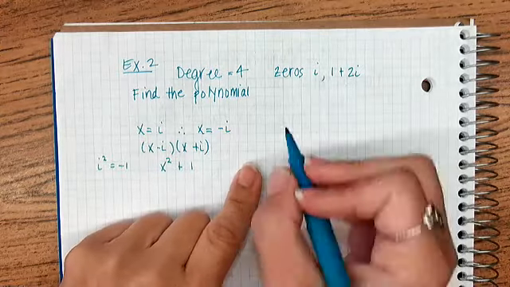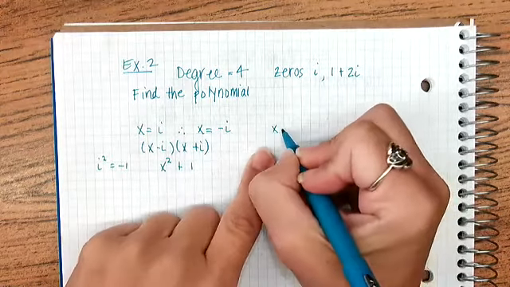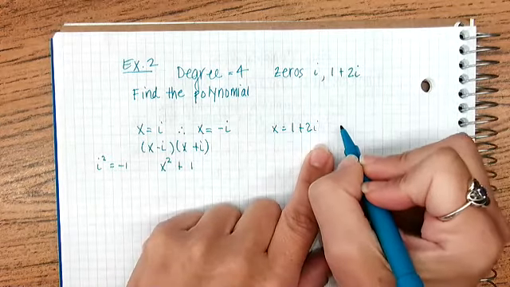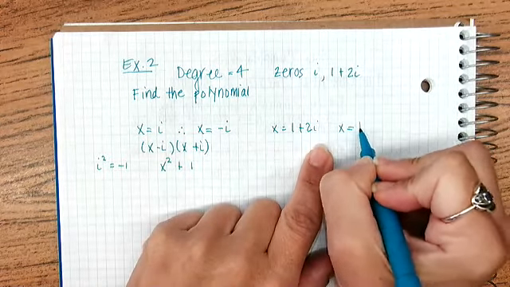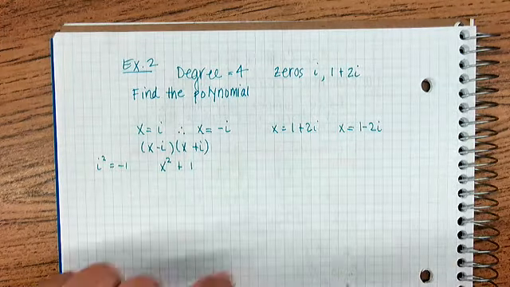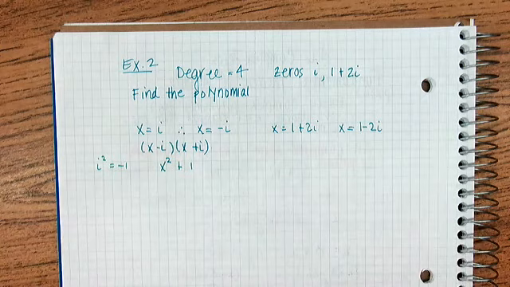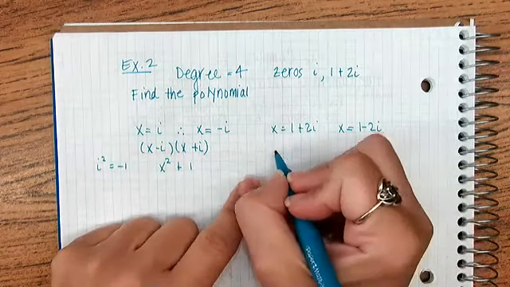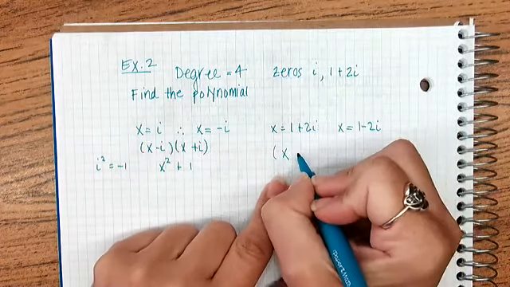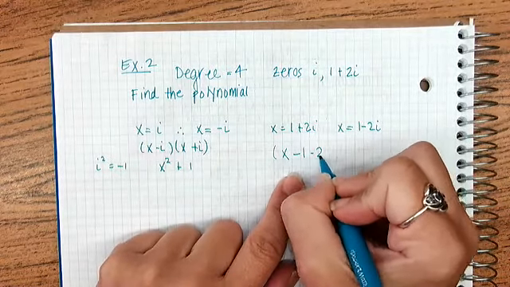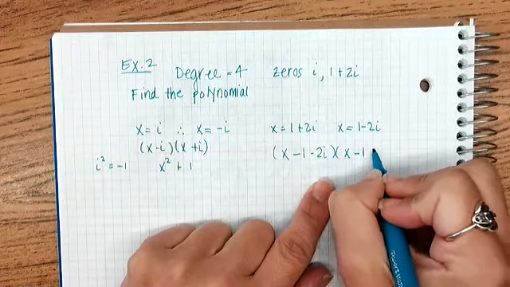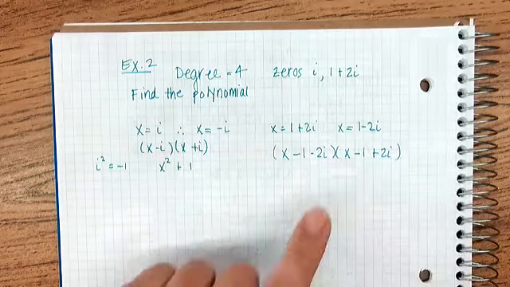Okay, 1 plus 2i. So that means 1 plus 2i is a solution. That's a 2, sorry. And x equals 1 minus 2i. So this is where you can do the box or the distributing, whatever. If you decide to multiply it out, be careful. It becomes x minus 1 minus 2i times x minus 1 plus 2i.